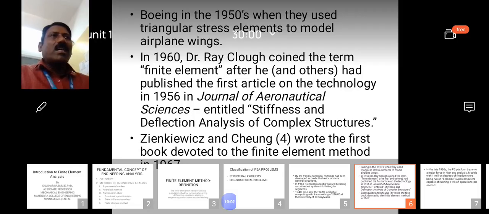In 1961, Turner considered large deflection and thermal analysis problems. In 1962, Gallagher introduced the material nonlinearity problem, whereas buckling problems were initially treated by Gallagher and Padlog in 1963. In 1968, Zienkiewicz extended the method to viscoelastic problems.